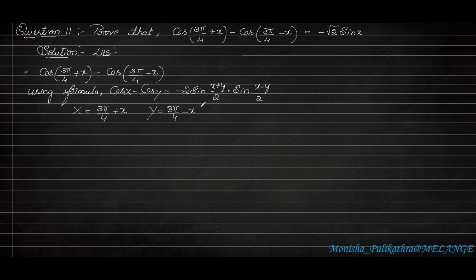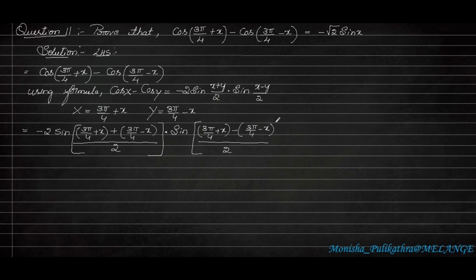So cos x minus cos y will become minus 2 sin((3 pi by 4 plus x plus 3 pi by 4 minus x) whole divided by 2), in the same way, into sin((3 pi by 4 plus x minus 3 pi by 4 minus x) whole divided by 2).